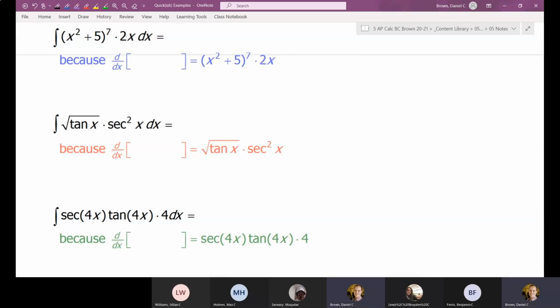And again, you can always check your antiderivative because this derivative should give you what you start with.